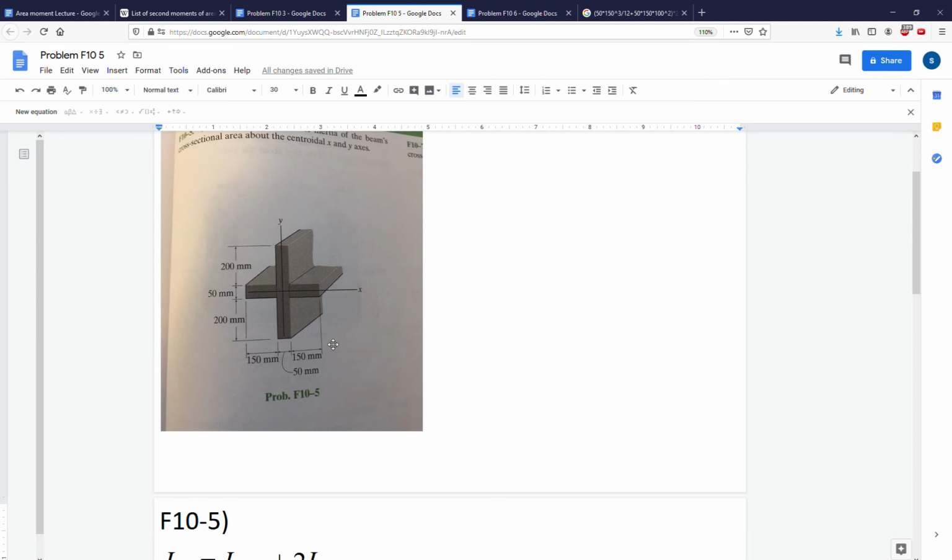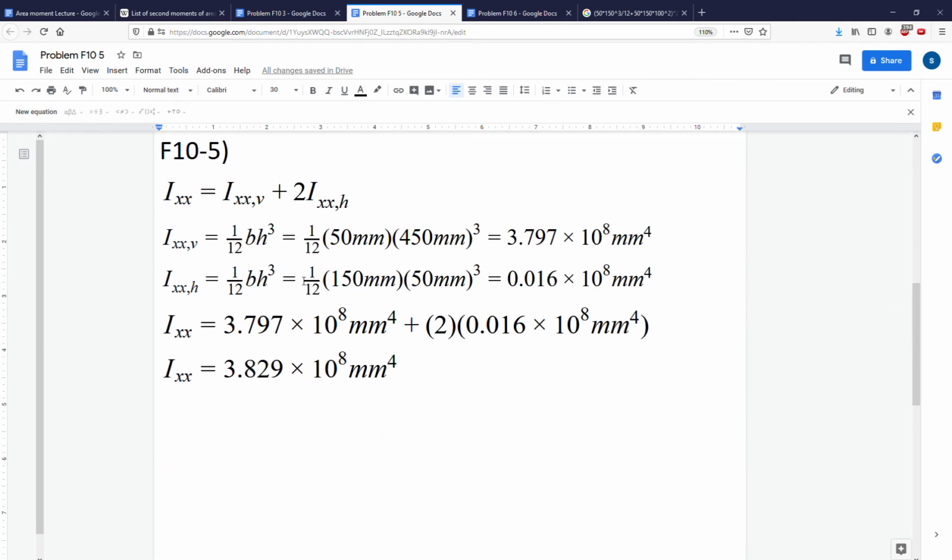Calculating the moment of inertia of one of these rectangles, we say that this one has a base of 150 millimeters and a height of 50 millimeters. So 1/12 times 150 times 50 cubed is, and I converted this so that they would have the same exponent, 0.016 times 10 to the 8th millimeters to the 4th power.